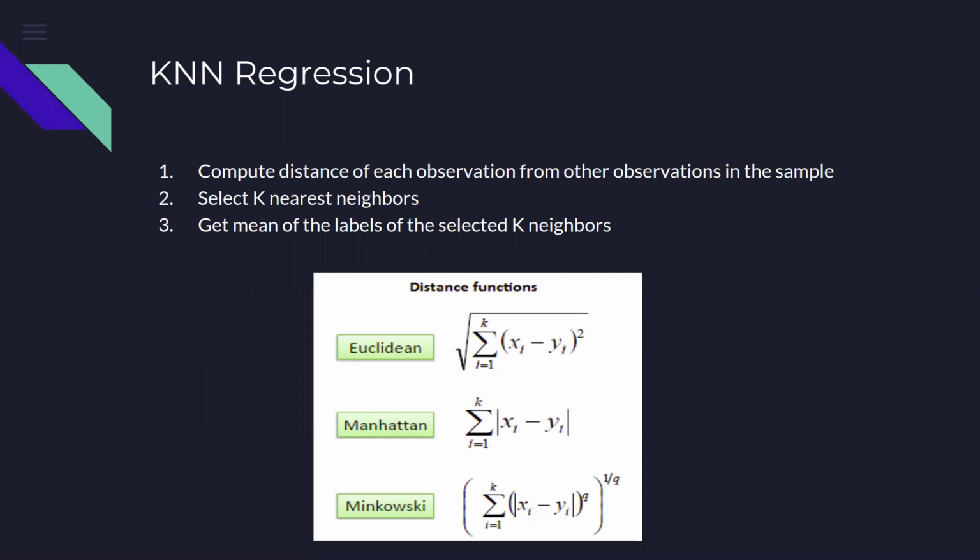The location of the house could be different. So how do I find out which other house is the closest in terms of the attributes? And that is what we call the nearest neighbor. So from the entire data set, I will try to find out which house is the nearest neighbor, or which house is the closest in terms of the different attributes which I have.